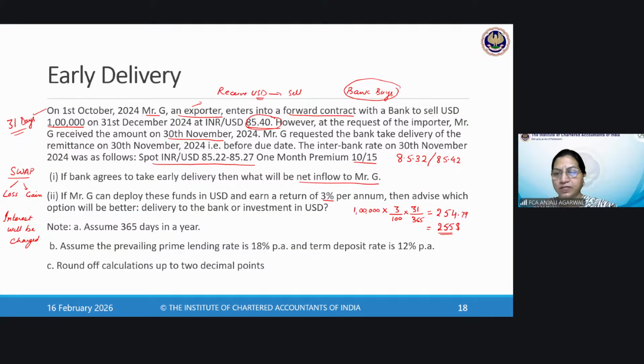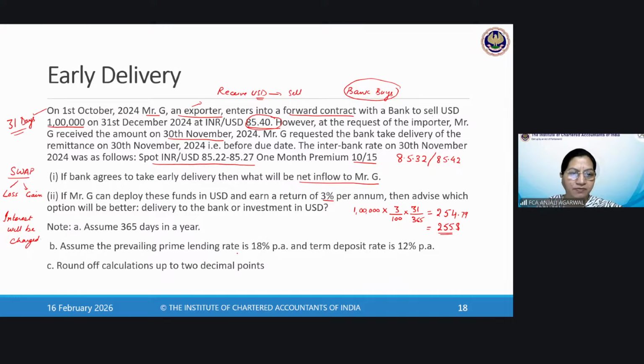So what he can do is, this 100,000 he will honor with the bank on 31st December at 85.40, and the interest component 255, he can sell it in the open market and he can get 85.22. So he will not make the investment. He will not ask the bank to take early delivery. He will rather invest these dollars and he will sell them in the open market, the extra interest, and cover the 100,000 with the forward price.